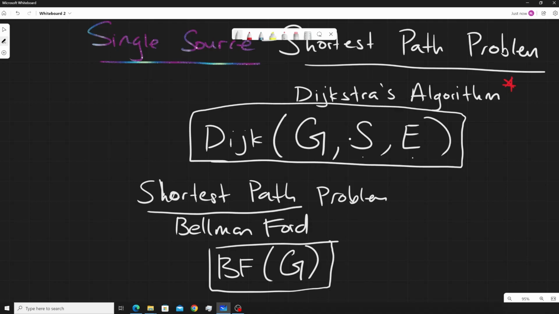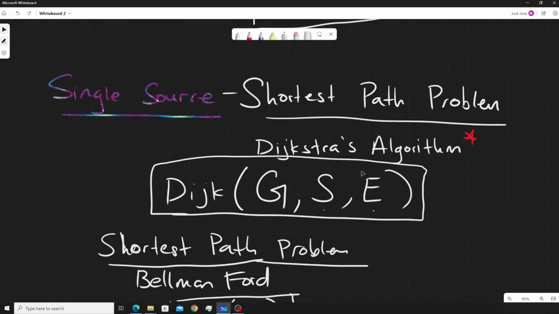Whereas with Dijkstra, the problem that it solves is not shortest path, but single source shortest path, in that you have to give it a starting location and an ending location as well. And it will find you the shortest path from S to E.